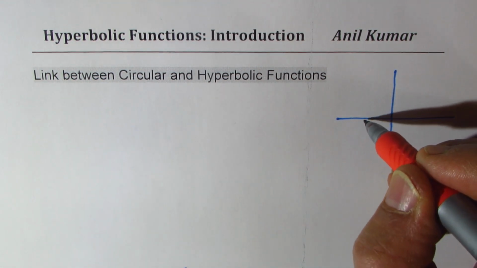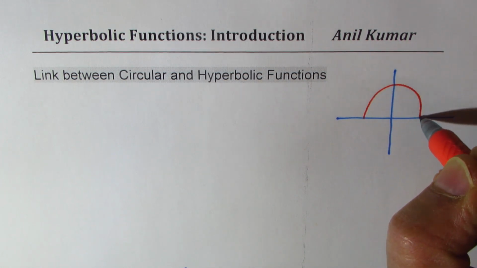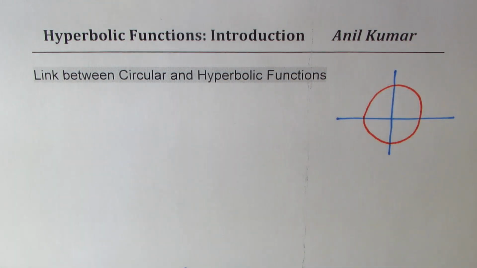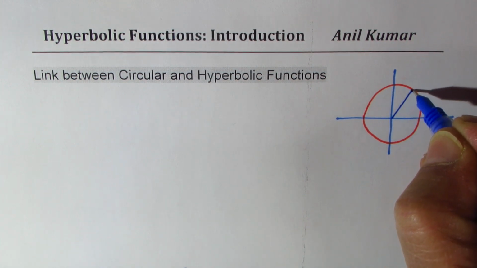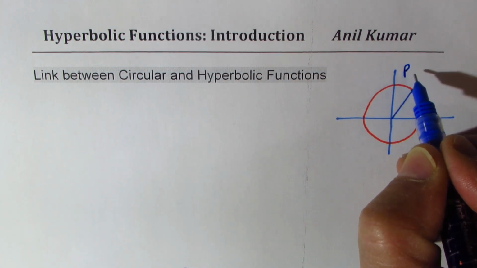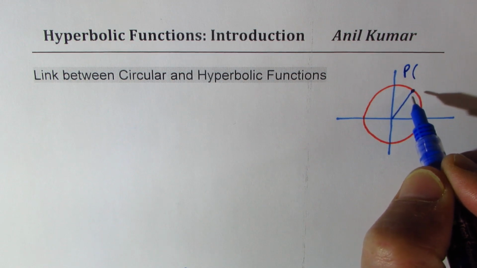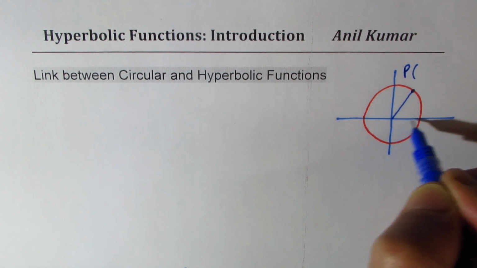So let us say this is the unit circle. In that case, any point on this unit circle can be represented by what? The cos value is the x, right?